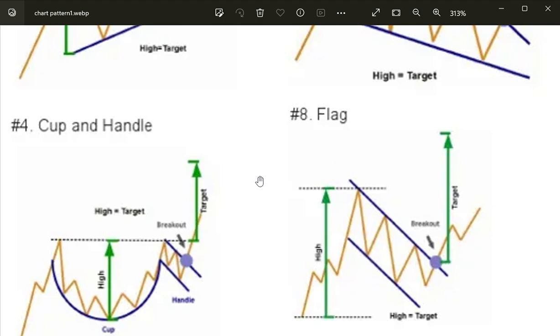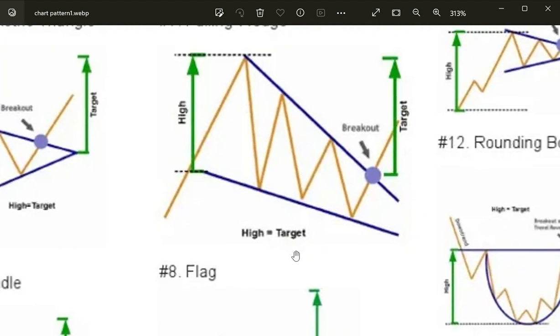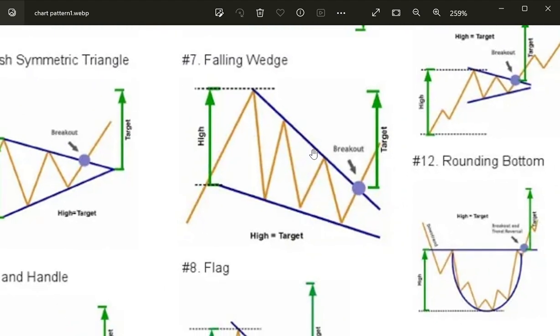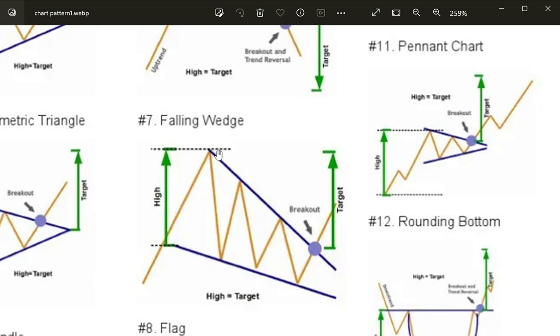Me, in my eyes, you don't have to remember all of these. If you look at it, a lot of these pretty much are the same thing. It's really only 3 main ones that you really need to know, and that's just look for wedges and triangles forming on your charts.